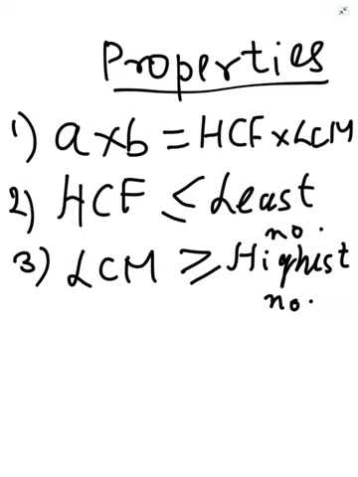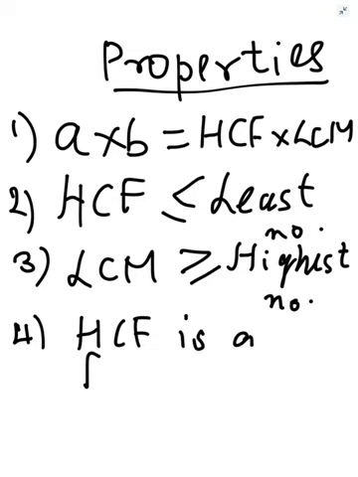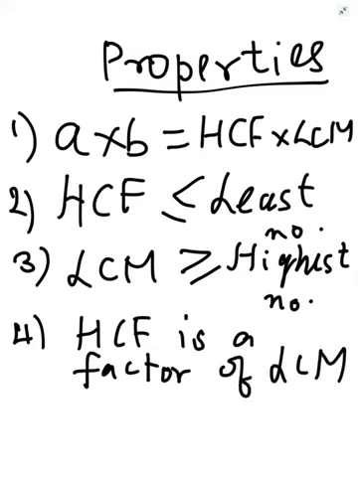Next very important property is: HCF is a factor of LCM. HCF is a factor of LCM because HCF is a factor of the numbers, so it is also a factor of their LCM. Just like in our example, HCF was 2 and LCM was 40, so 2 is a factor of 40.